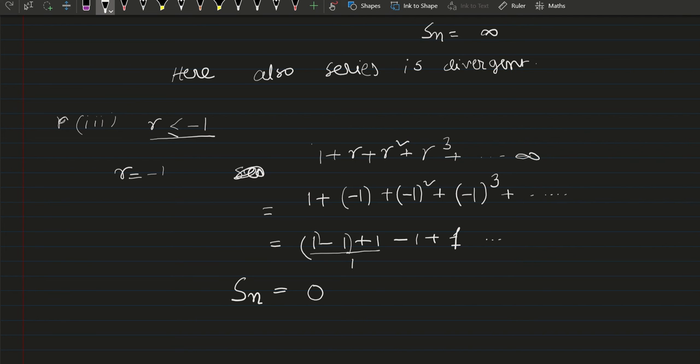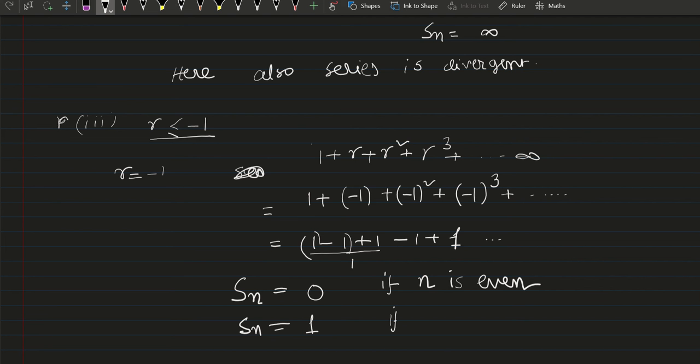If we take two terms 0, if we take four terms 0, so Sn is 0 if n is even, and Sn is equal to 1 when n is odd.